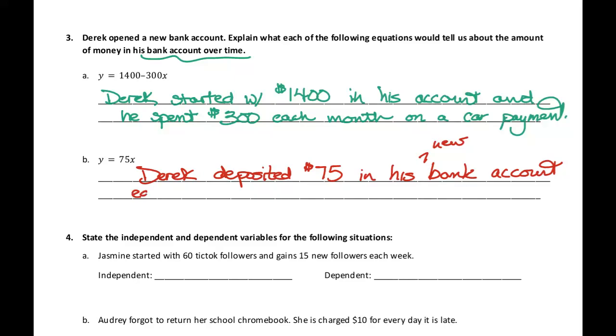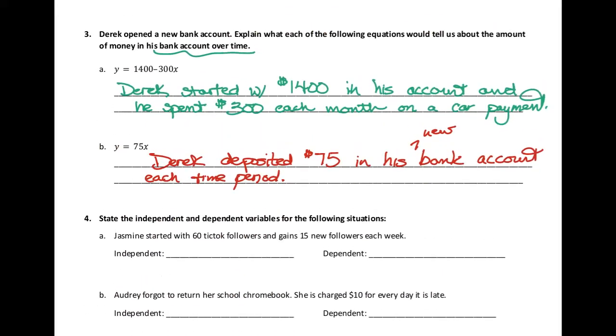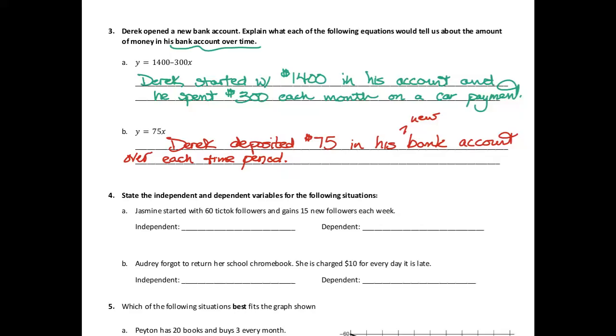Each time period. Yeah. I said it started with 0 and then had 75. That's true too. It probably would be good to say something about the 0 by saying new bank account. Maybe that implies 0. Maybe it doesn't. So Derek deposits $75 in his new bank account over each time period. Something like that. Questions about that?